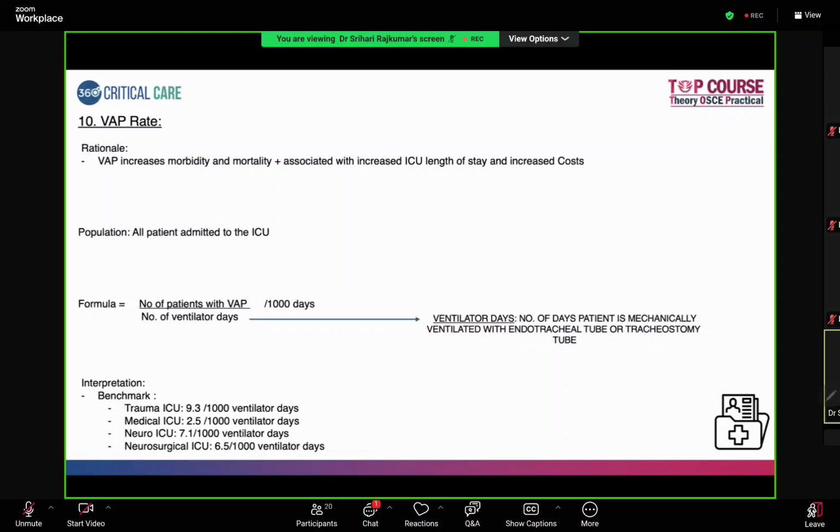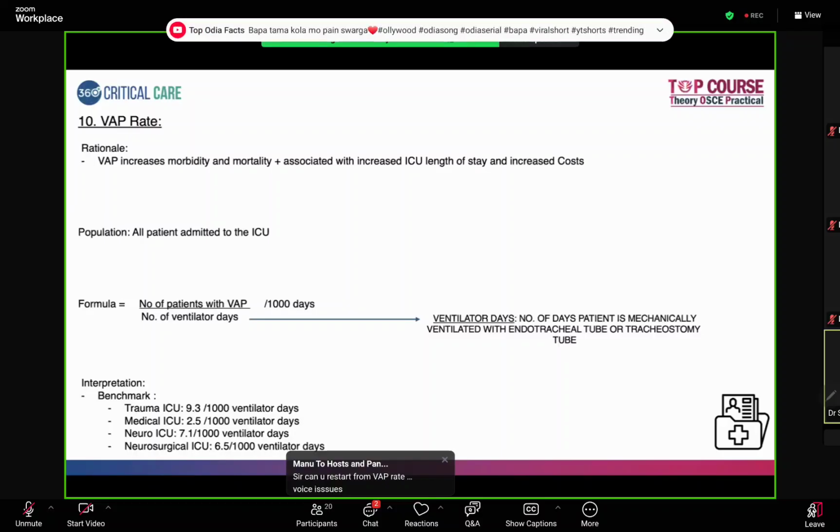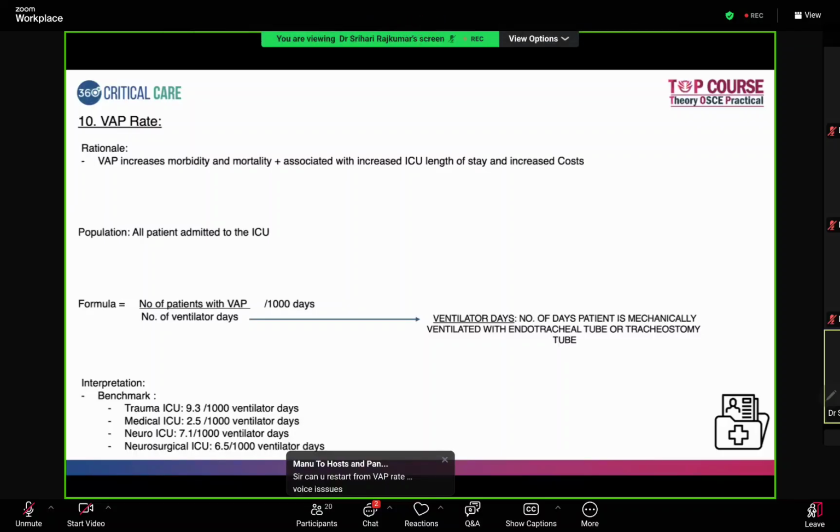There may be 2 or 3 patients who may be intubated out of the 10 patients who are admitted. So those 2 patients will come under the ventilator day, two ventilated days. Similarly, that has to be calculated to 30 days. In that, you take a mean. So over the 30 days, the number of patients who have been on a ventilator, that mean is taken, and that is your number of ventilator days.